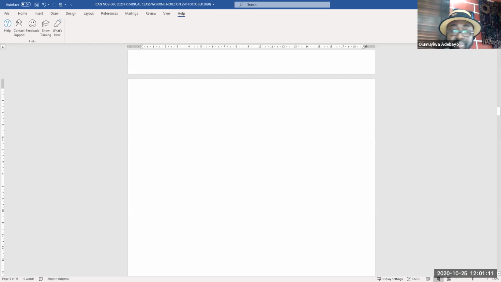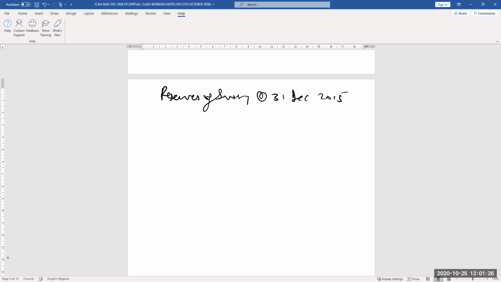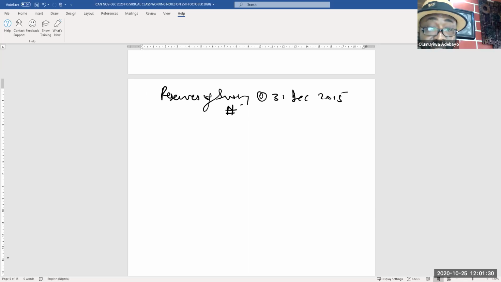Now, what then do we do next? It is for me to determine my pre and post acquisition reserve. What is the reserve of Suzy as at the reporting date? If you go back to the question, the reserve of Suzy as at the reporting date is 60 million.